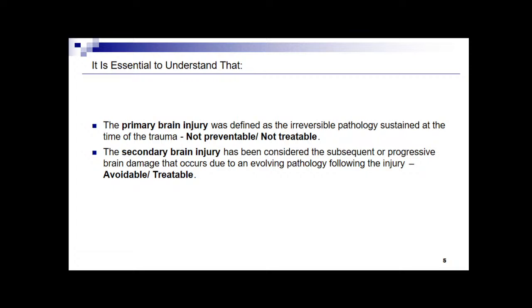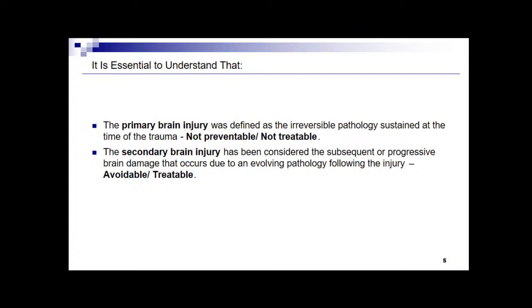You should realize that primary brain injury is defined as the irreversible pathology sustained at the time of the trauma, and primary brain injury is not preventable. We cannot prevent injury of brain tissue due to the primary mechanical hit, and primary injury is not treatable.